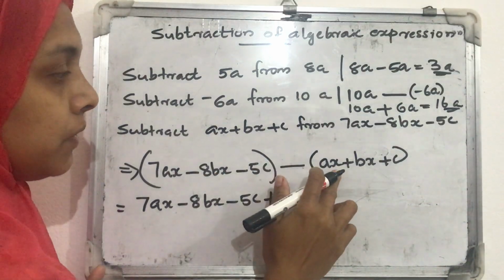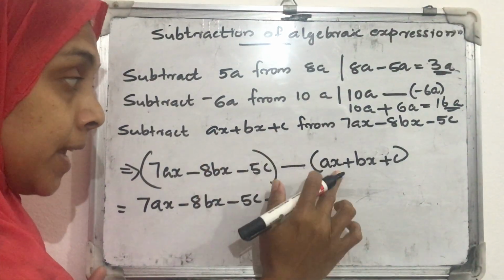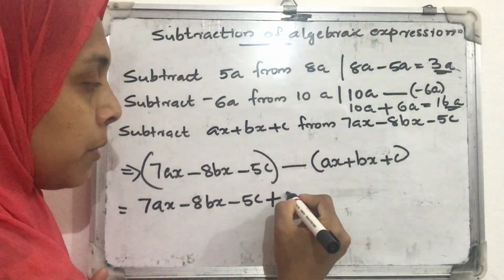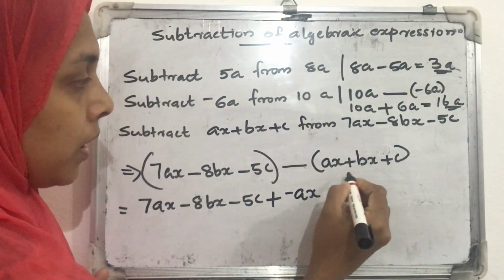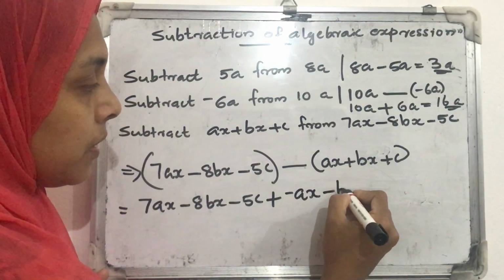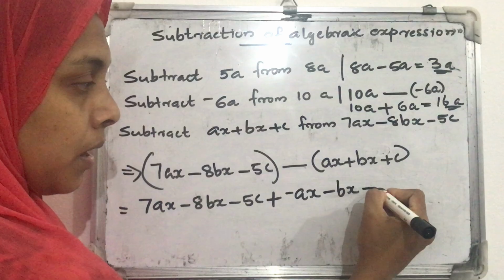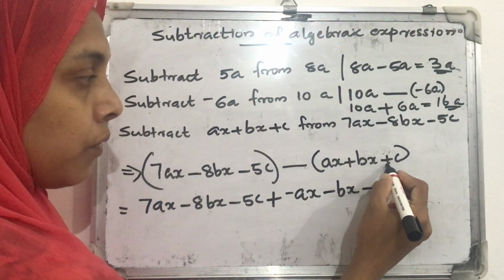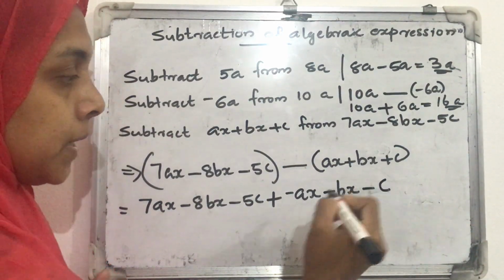The additive inverse of ax is minus ax, of bx is minus bx, and of plus c is minus c.